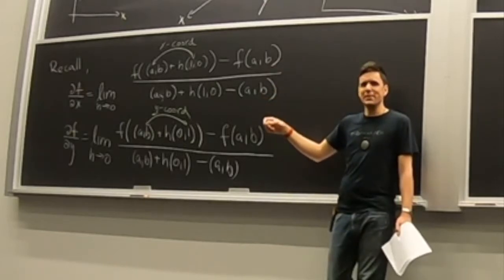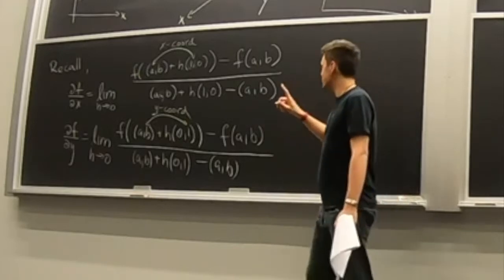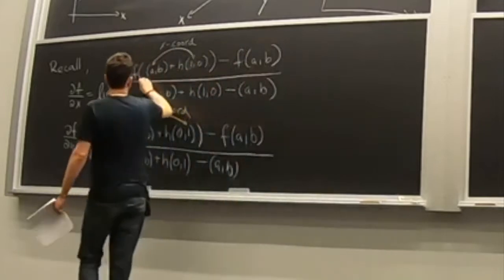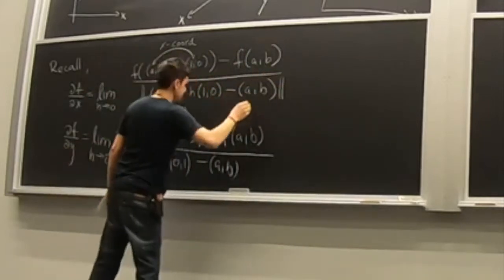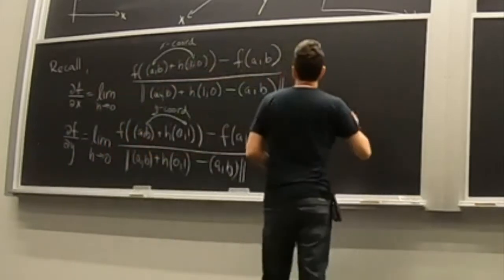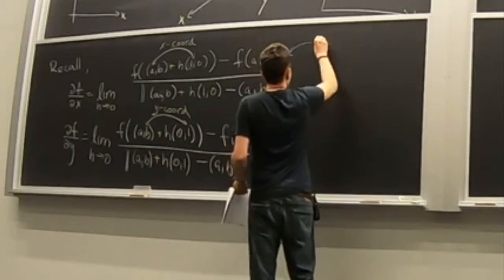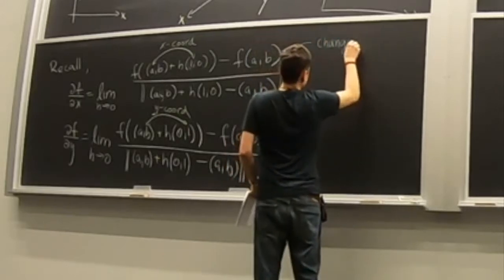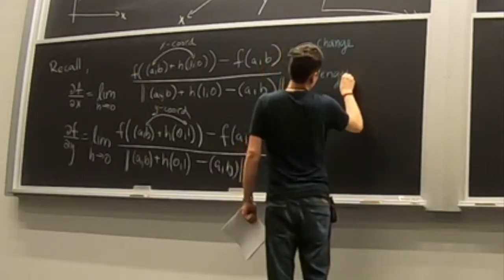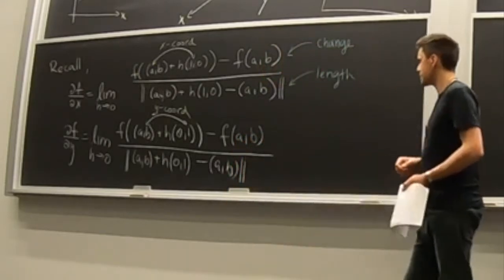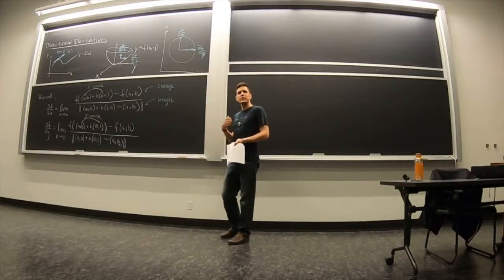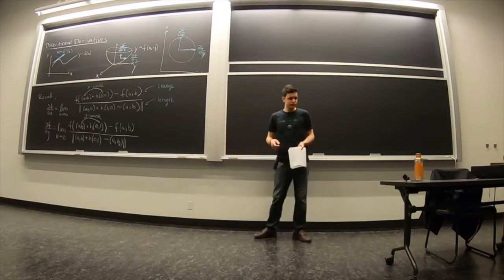You usually don't divide by points. So what we should do is make top and bottom into numbers. So we're going to make this into a length. The top is change. Bottom is length. Okay, so now we've got number divided by number. We can do that division, that's fine.